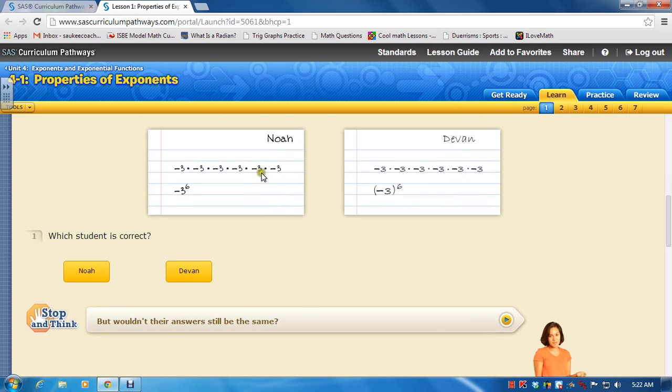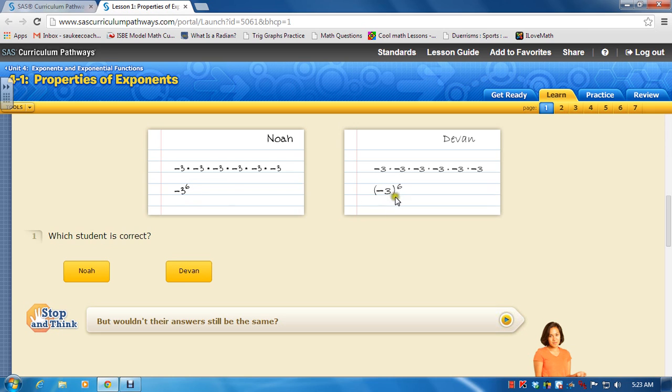You can look here at these two, and let's decide who is correct. Hopefully, we actually did an example on the board the other day that indicated that these were in fact different from one another, right? Here, what is being raised to the 6th power, and here, what is being raised to the 6th power? Well, over here is just the 3. That negative is going to remain no matter what that is.